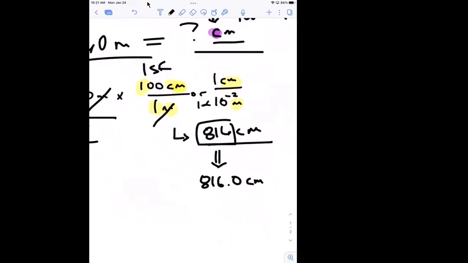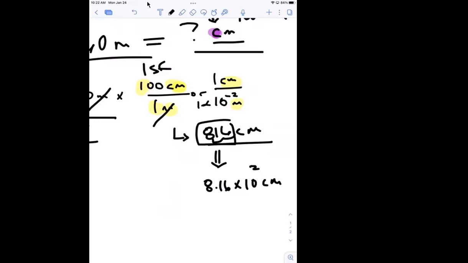So let's do this then. Thank you for catching that. So this is 816 centimeters. Actually, I do want this in scientific notation. So I'm going to move that decimal place over, 1, 2. So that's going to be 8.16 times 10 to the second centimeters.